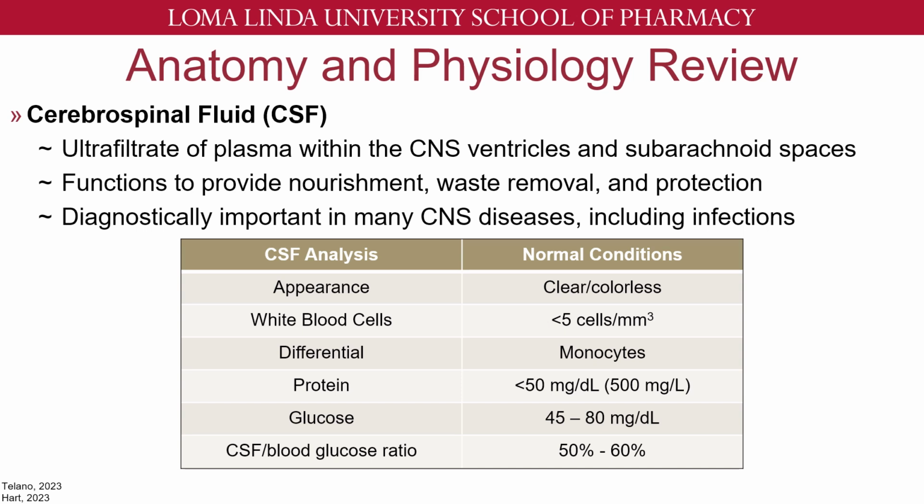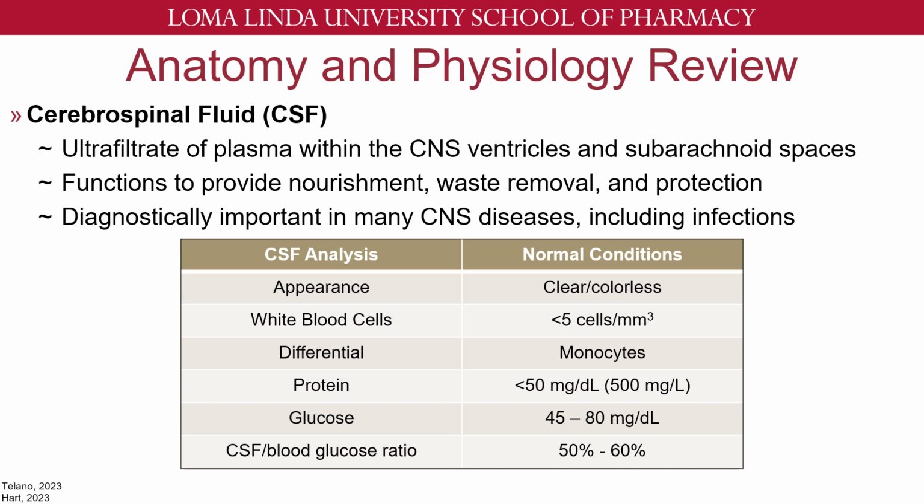Now, blood is toxic to neuronal tissue, which is why it gets separated from the central nervous system, and we'll talk a little bit about how that separation occurs. But in terms of its functions, the CSF functions to provide nourishment, waste removal, as well as protection for the brain and spinal cord.